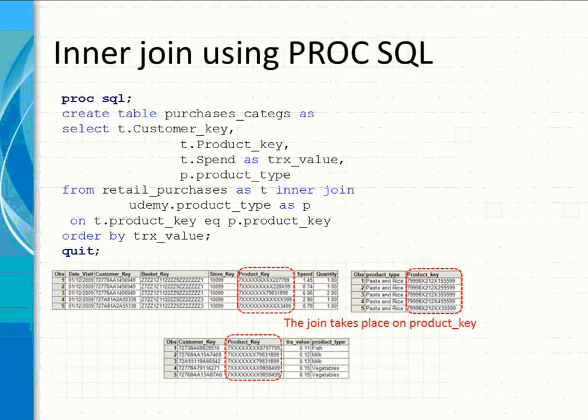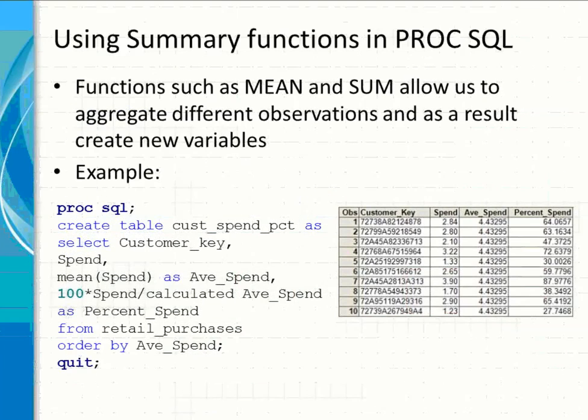You're selecting from retail_purchases as T, and you're doing this on an inner join with product_type as P on the Udemy library. You're doing this join on the product key variable, and then you want to order it by the transaction value. So the join, as you can see in the data sets, takes place on product key.